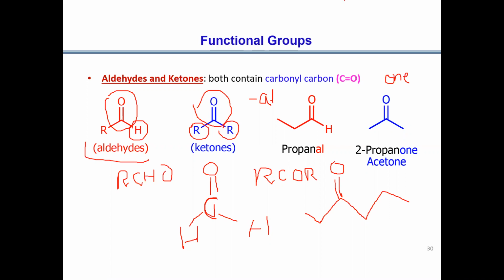Are you sure it's AL? If it would have been AL, then the bond would have been at carbon number 1. No, think once again. Can I try? Yes, please go ahead. Is it a 3-hexanone?